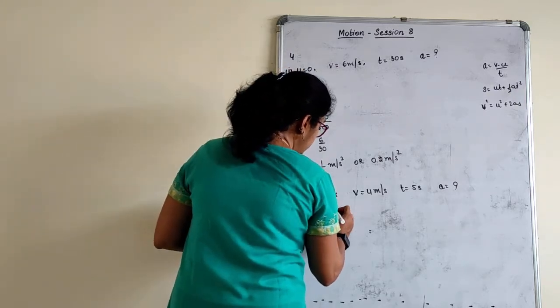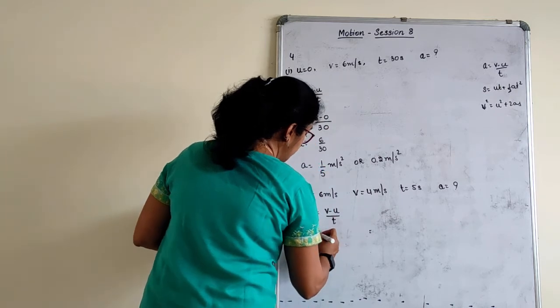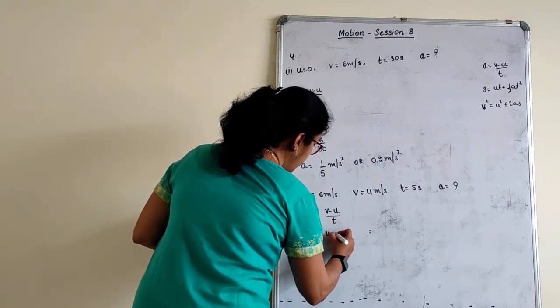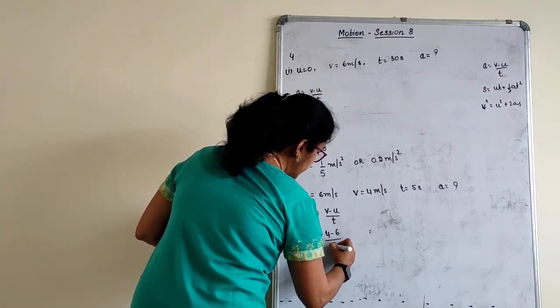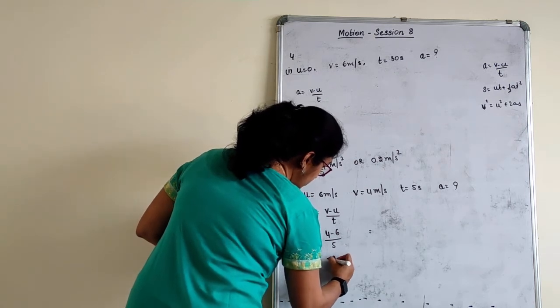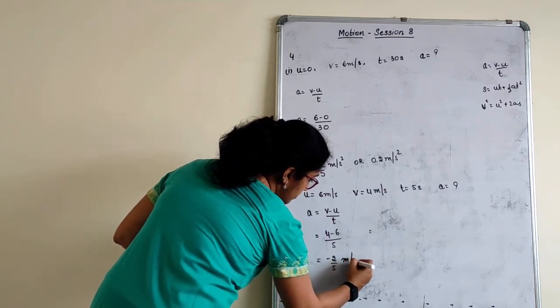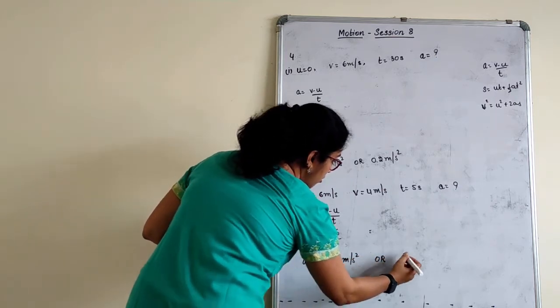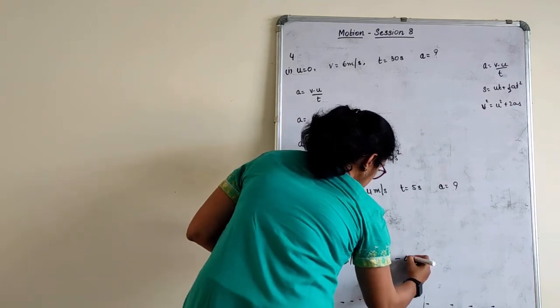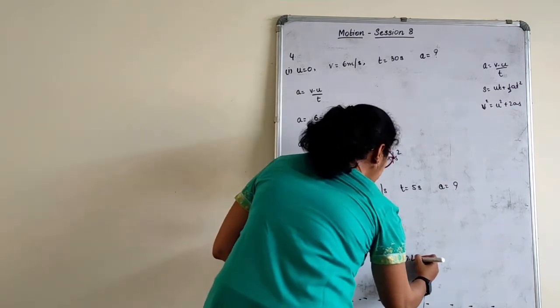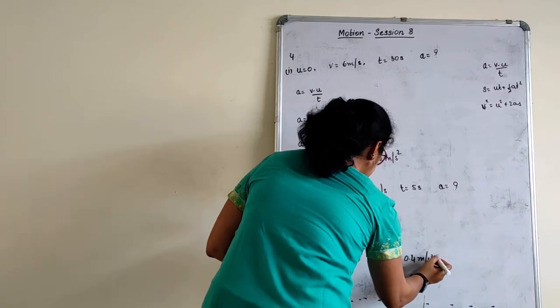A is equal to V minus U by T. So V is how much? 4 minus 6 divided by 5. So minus 2 by 5. So acceleration is minus 0.4 meters per second square.